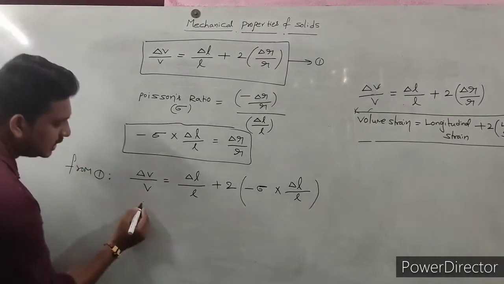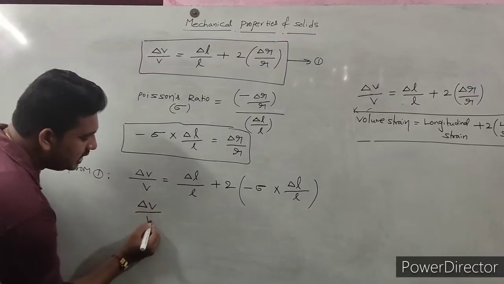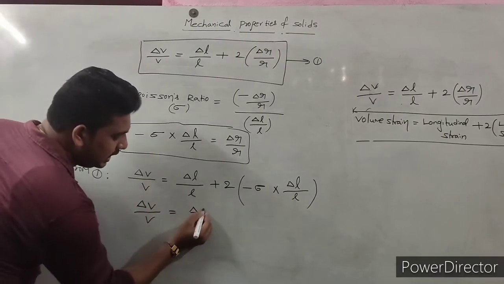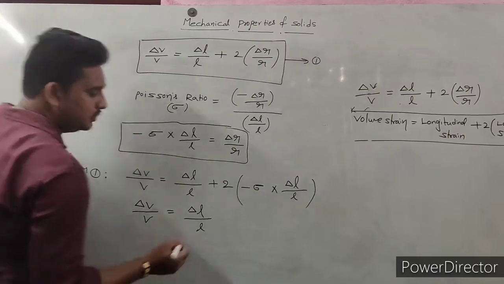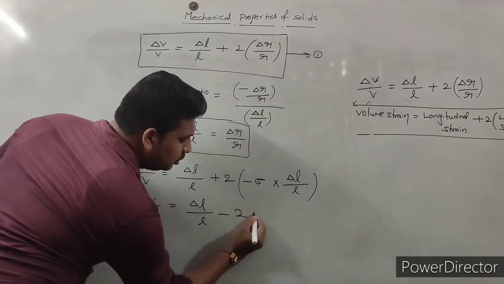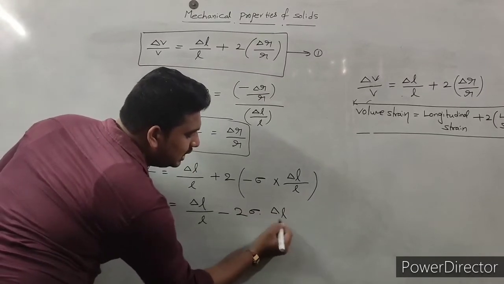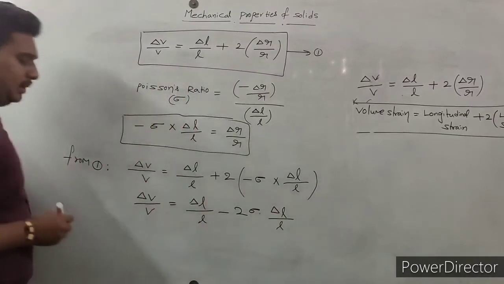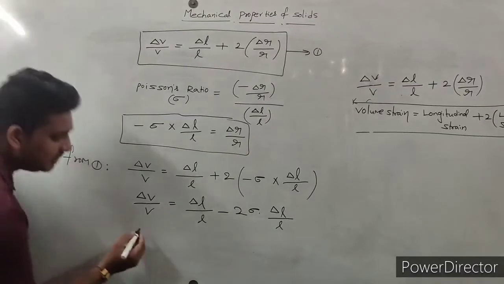So now substitute here. Delta V by V is equal to delta L by L plus 2 into minus sigma into delta L by L. Okay, so from this, observe carefully.